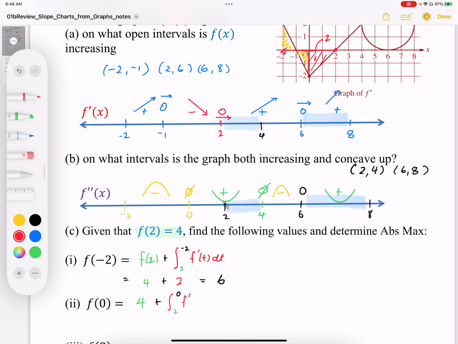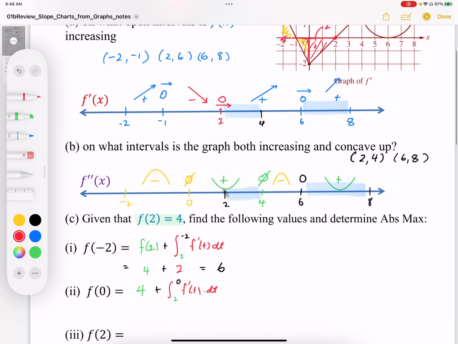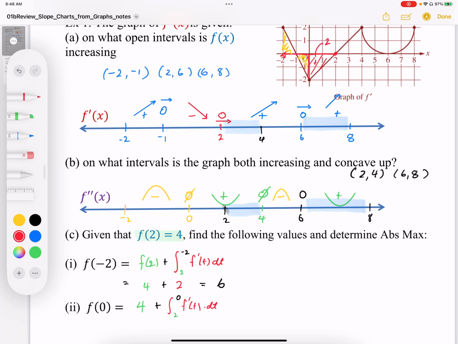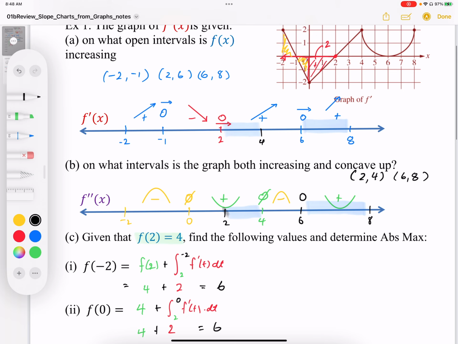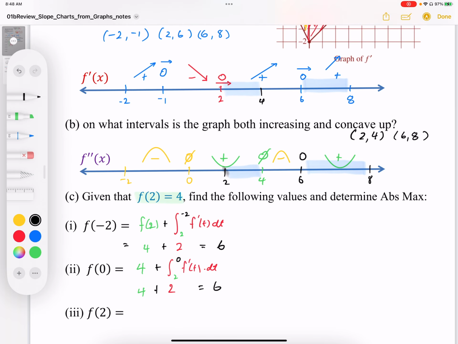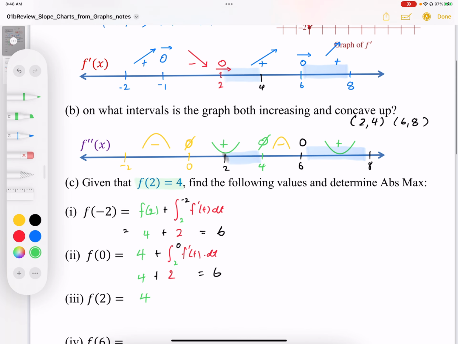So f prime of t dt, well, that's going to be exactly the same because from 0 to negative 2, it's a net displacement of 0. So I end up with 4 plus 2, and again, I end up with a y coordinate of 6. Okay, so there's 2 coordinates. F of 2, we already been given that. Okay, so we know that that is equal to 4.